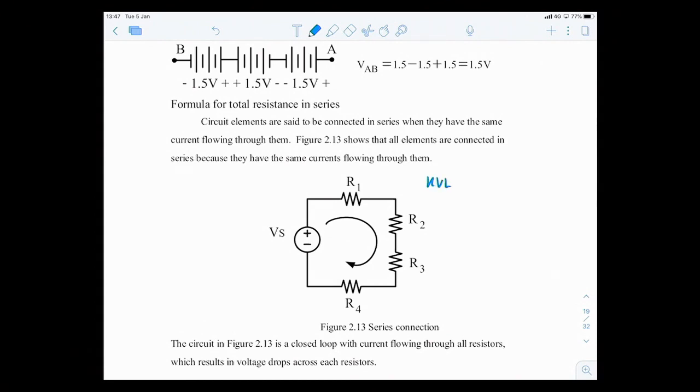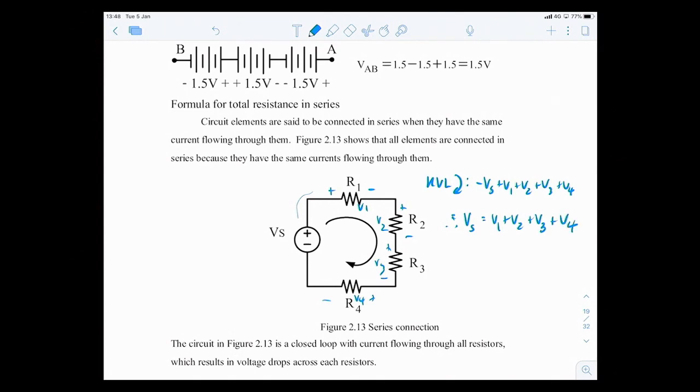KVL for this loop is minus Vs, then the current goes out, positive, negative V1, V2, V3, V4. So Vs equals V1 plus V2 plus V3 plus V4.